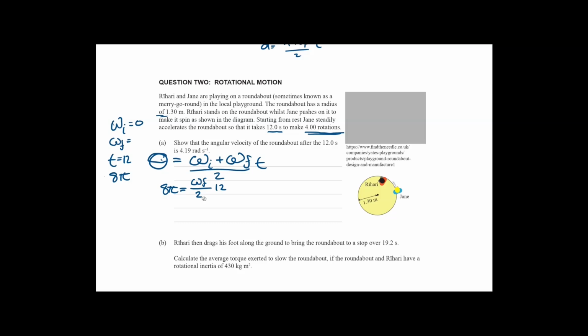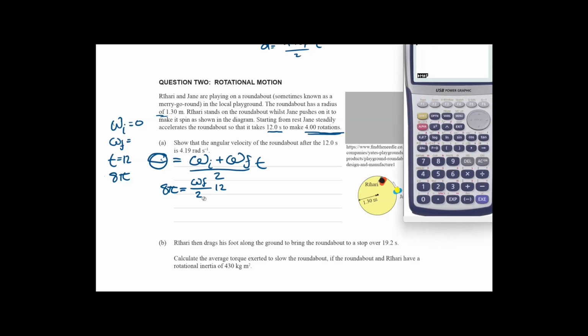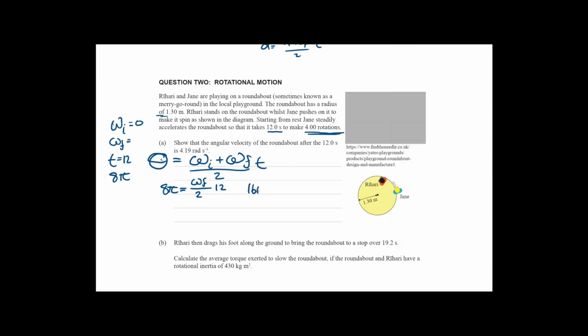And that final omega f, we hope it's 4.19. So let's check. Yes, we're on radians. So I guess we could say 16 pi equals 12 omega f.